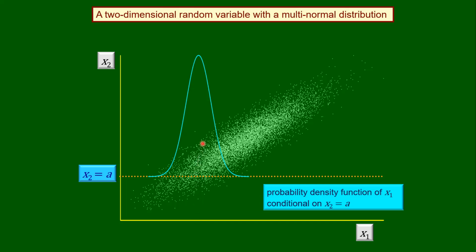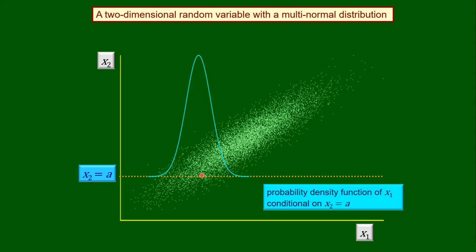And x1 has a standard deviation which is narrower than its marginal standard deviation, which is another way of saying that knowing x2 tells me something about x1, which is another way of saying that the uncertainty associated with x1 is now reduced.